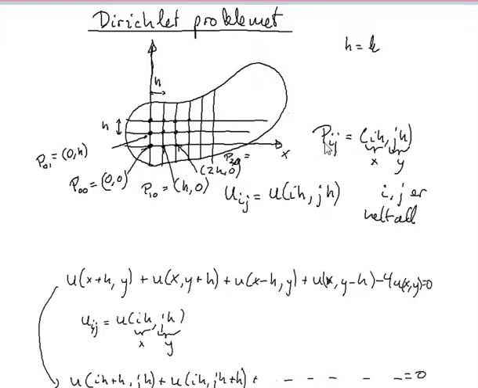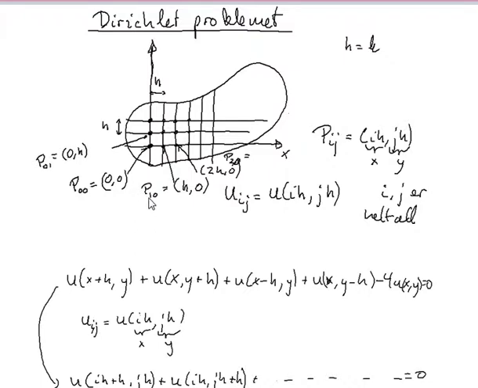So P00 is equal to 0 times h, so the x value is 0 and the y value is 0. P00 is at this point. P01 is just the coordinate 0, h.